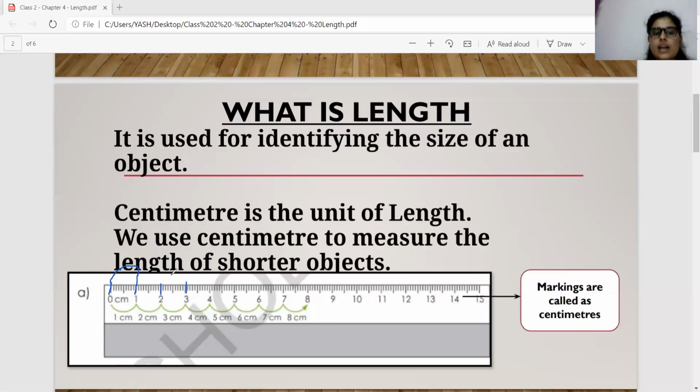This is how we can measure 1 centimeter, 2 centimeter, 3 centimeter, and 0 to 4 centimeter. This is how we can go further on. Now let's move to the next slide.